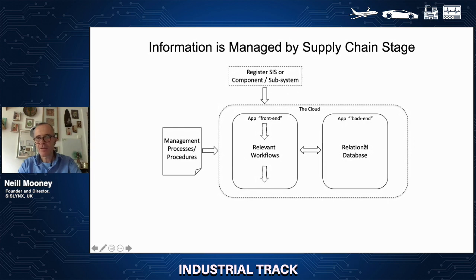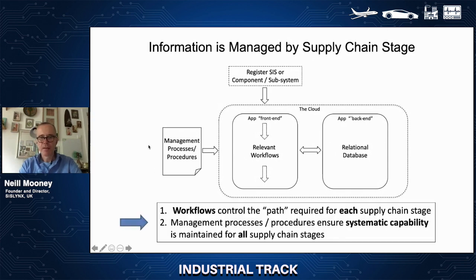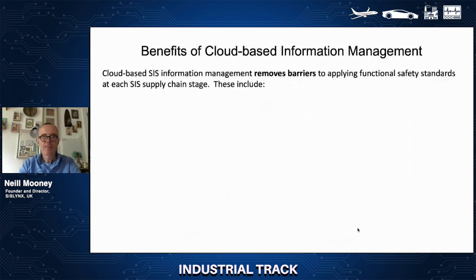That links into a relational database, which is, if you like, the back end of the application. And all of this takes place within the context of management processes and procedures, which assure that systematic capability is maintained for all supply chain stages. So the workflows control the path required for each supply chain stage, and management processes and procedures ensure systematic capability at all supply chain stages.